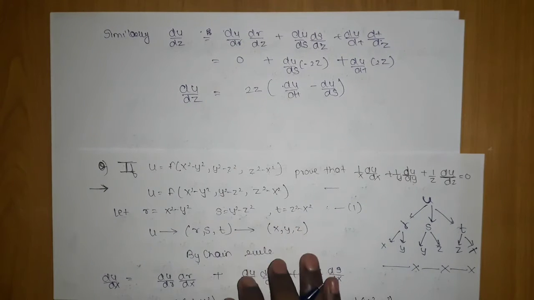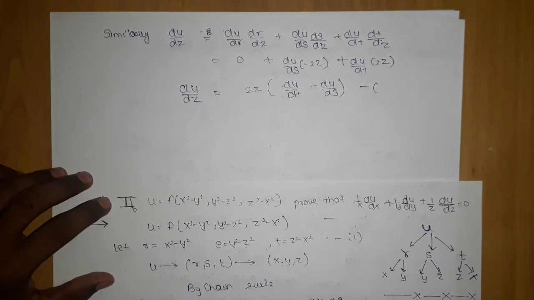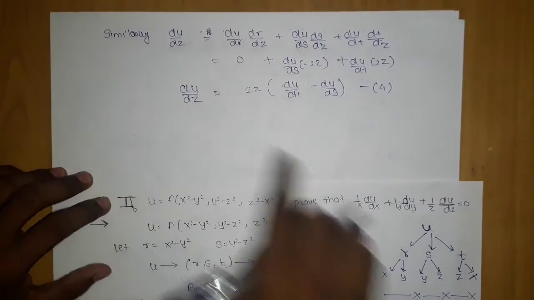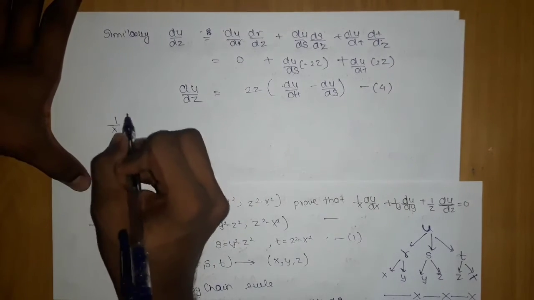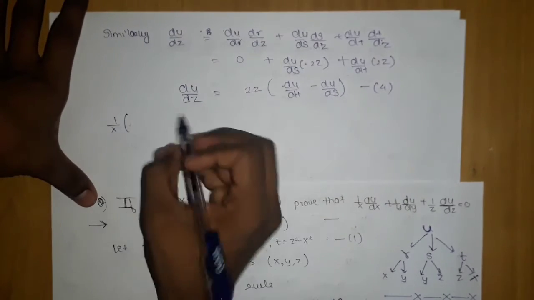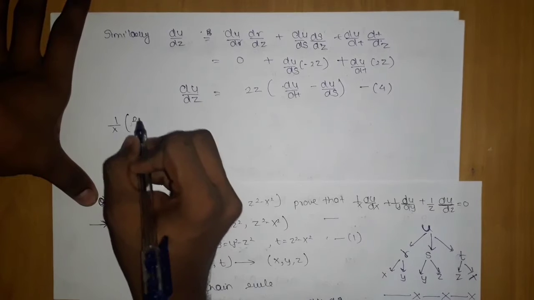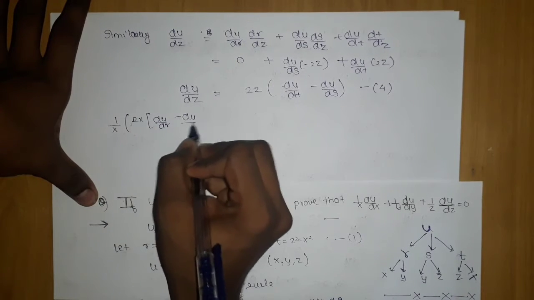Now what we can do, we will call it 4. We will put the values and apply. So 1 by x, we will substitute the value of ∂u/∂x from here, which is 2x into ∂u/∂r minus ∂u/∂t.